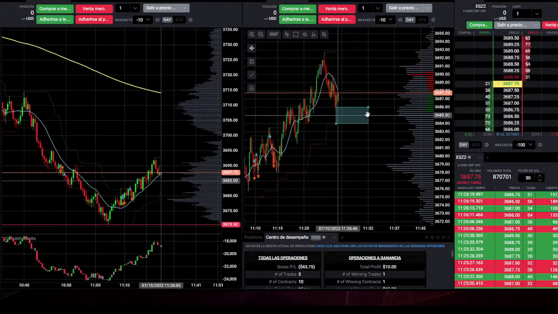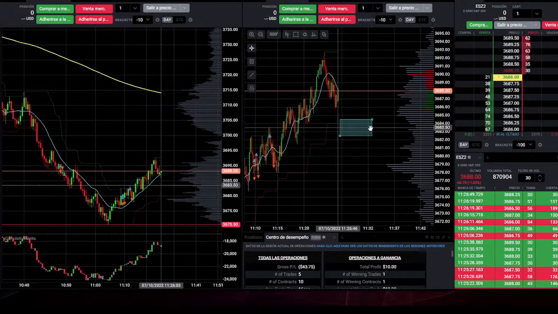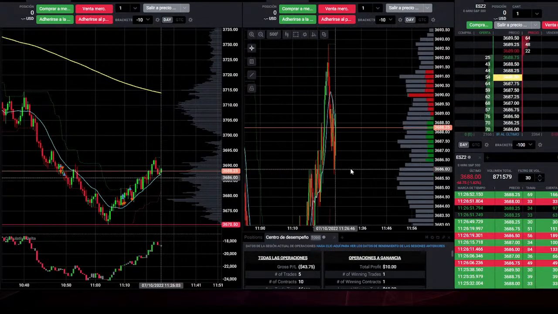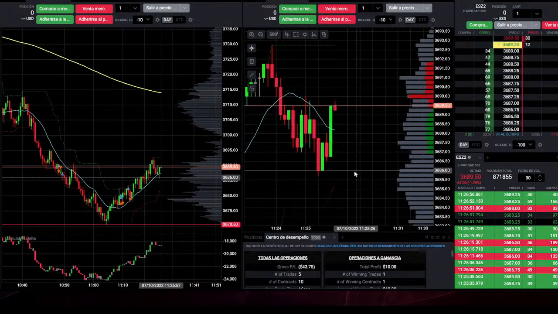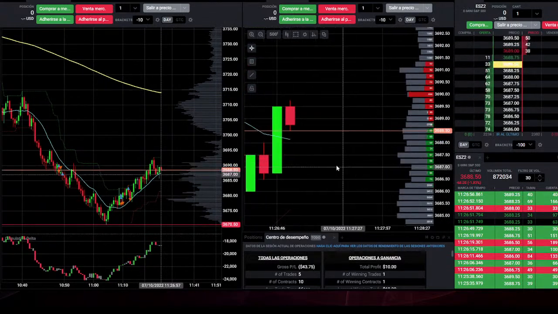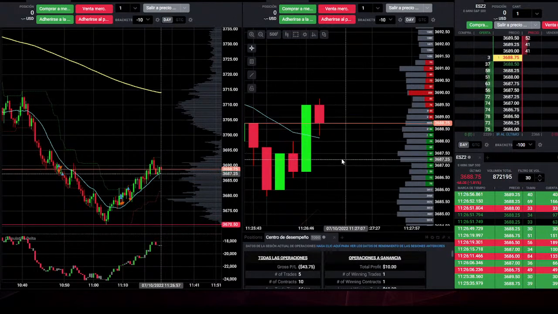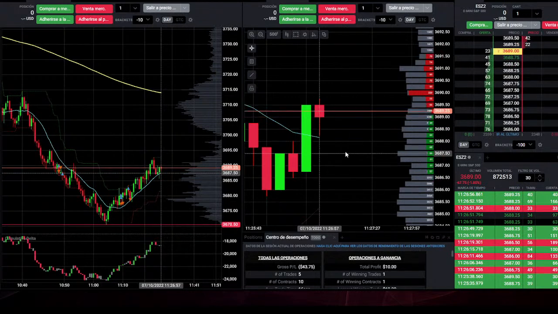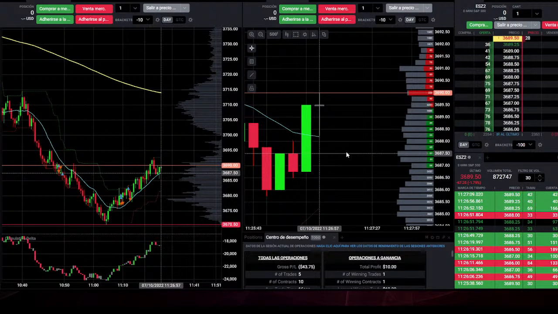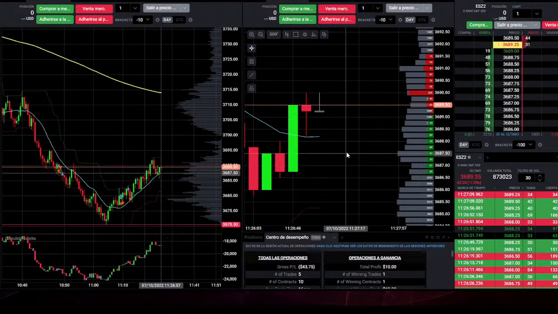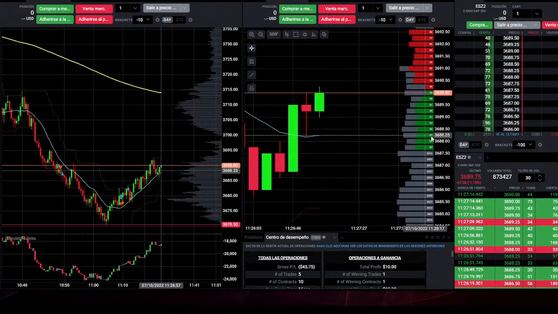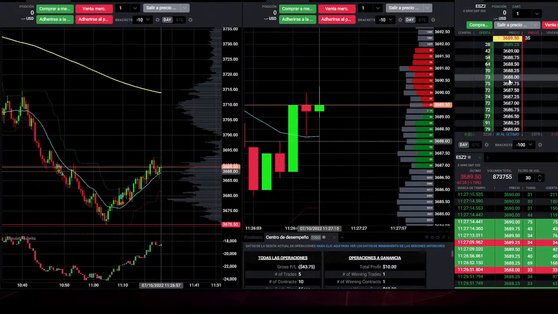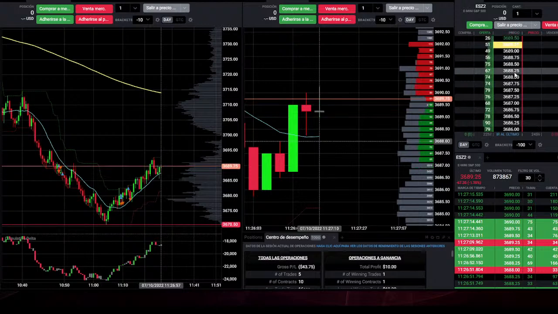I'm going to zoom there. Okay. So here we have $1.25. Each square here is $2.50 with one micro, and each tick is like going from 3,688 to the same .25.